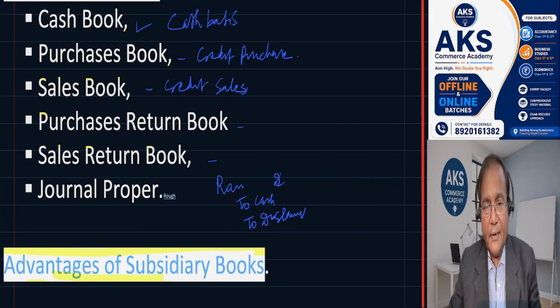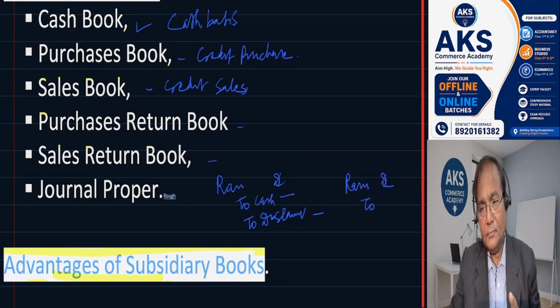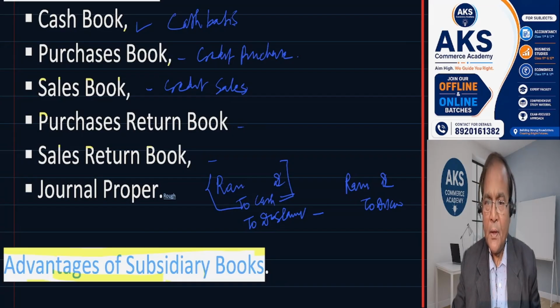So the cash payment will reflect in the cash book and discount will go to journal proper. The entry which is going to be passed in journal proper is Ram debit to discount, and in the cash book, the transaction related to cash will be entered. I hope it is understood.